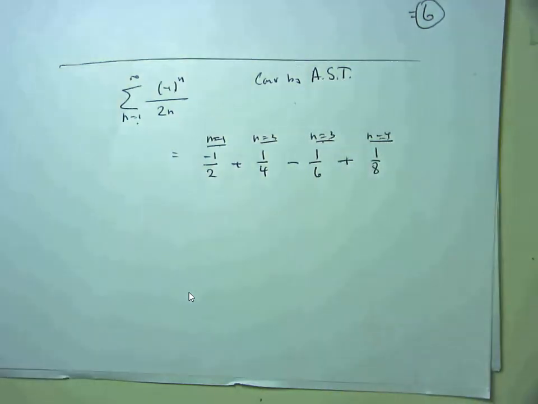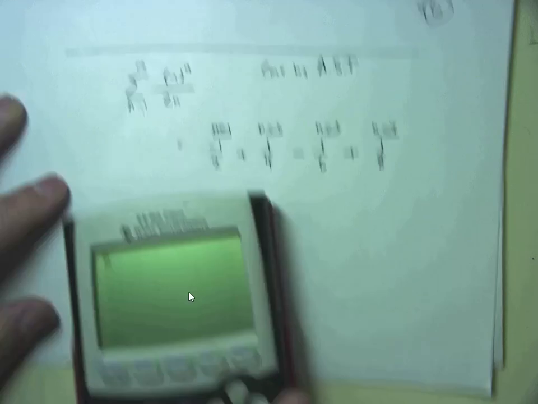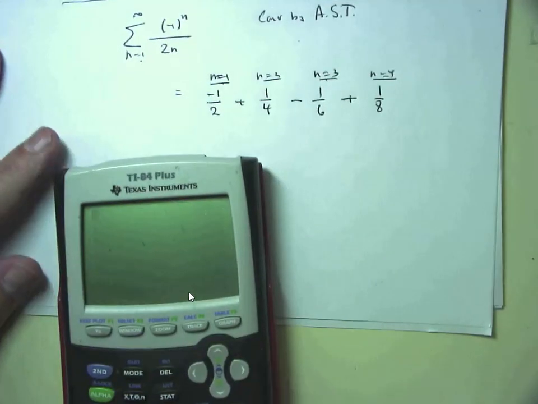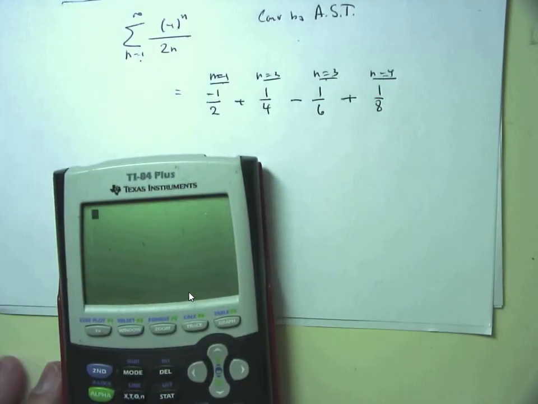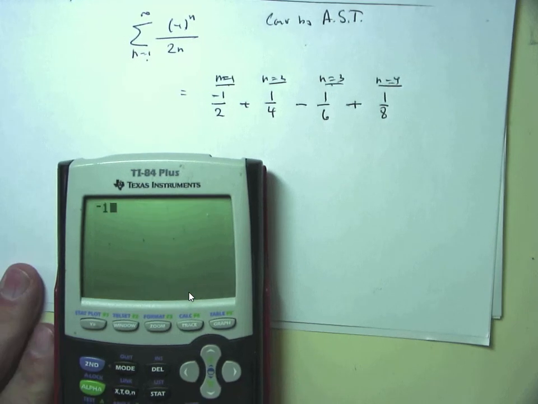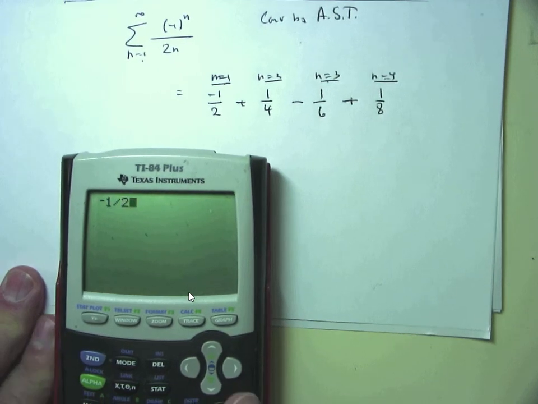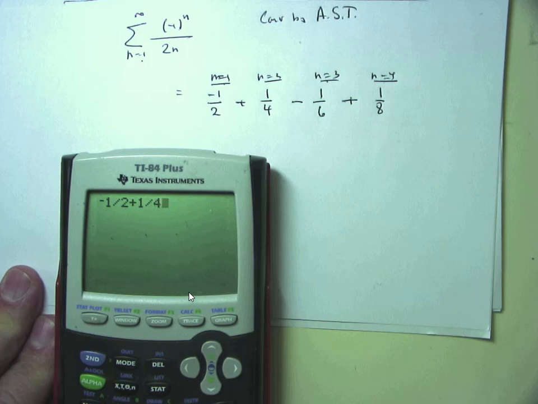I think I caught my pattern. And now, remember, this is under the calculator section. So if you want to see what's going on, all you have to do is 3 or 4 terms, and you'll begin to get close to what the answer is going to be. So let's see what kind of answer. -1/2 plus 1/4 minus 1/6 plus 1/8.